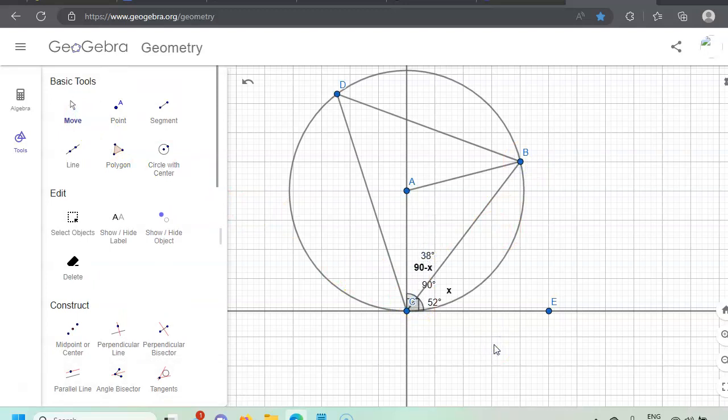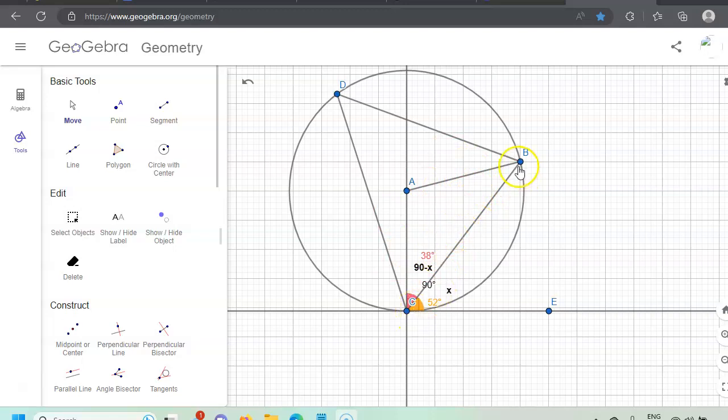Okay, and then let's add some colors. Let's continue with the story. So in this construction, we have two radii. AC is a radius, and then AB is also a radius. Okay, and these two radii are sides of a triangle, right?